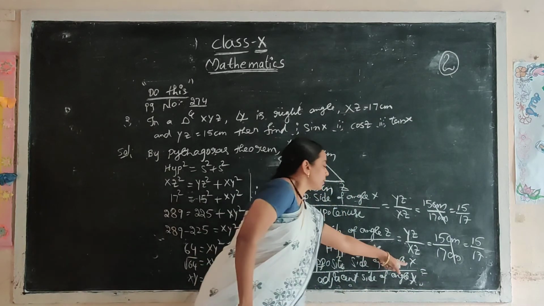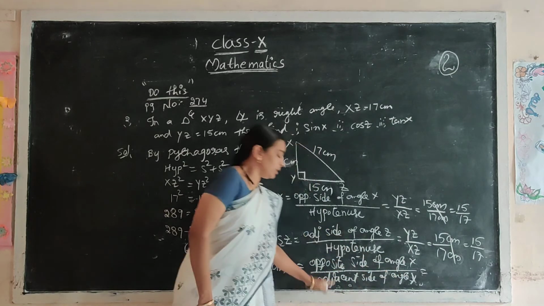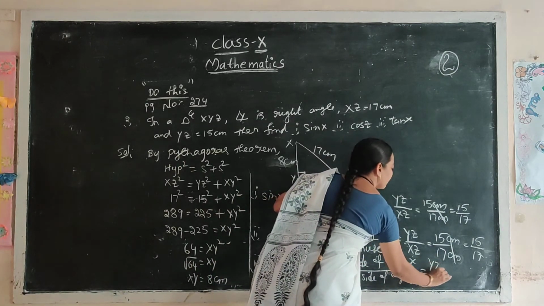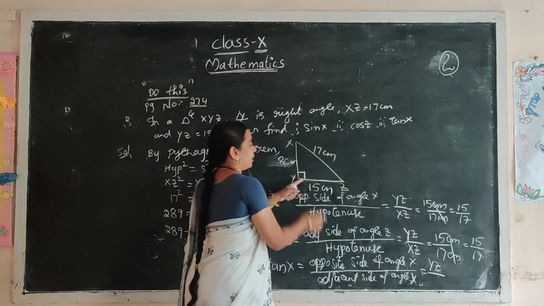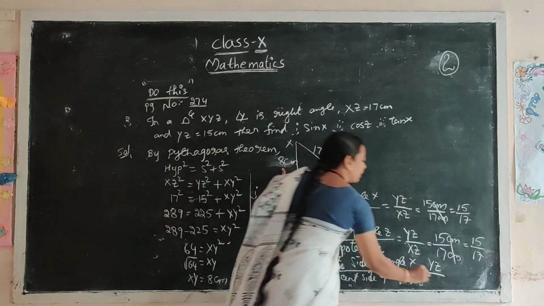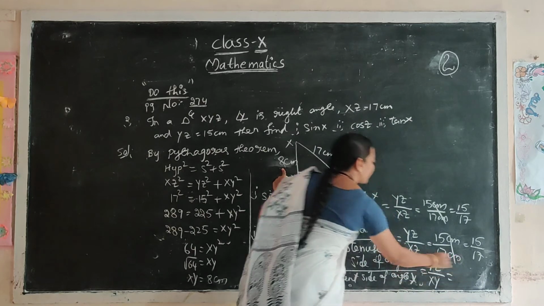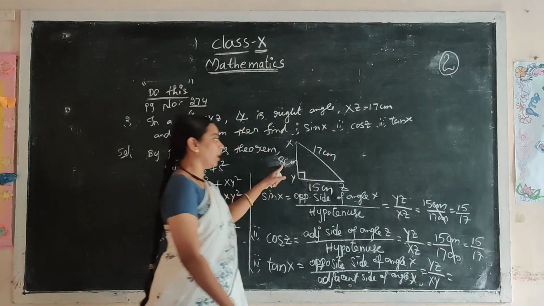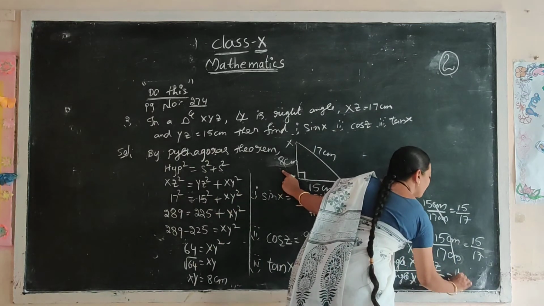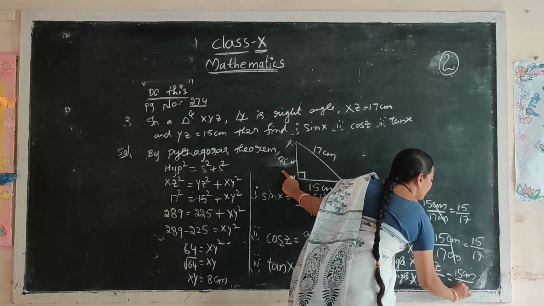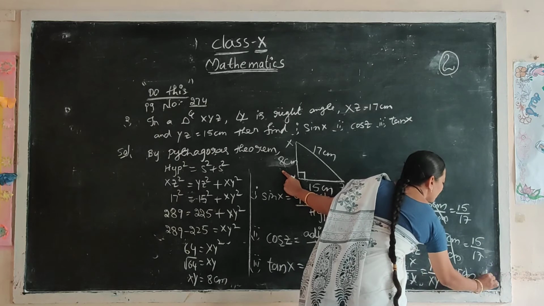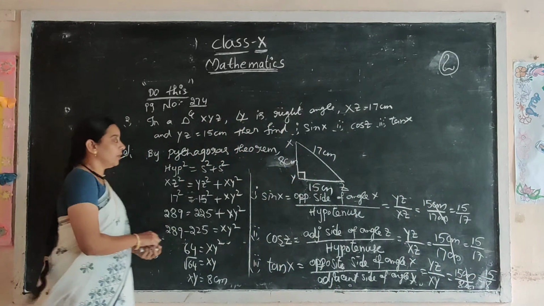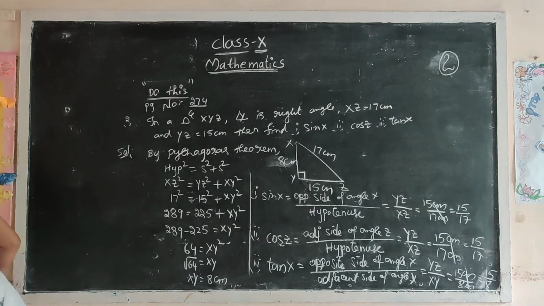X opposite is YZ and x adjacent is XY. The YZ value is 15 and the XY value is 8. That means 15 centimeters by 8 centimeters, both cancel, so it is 15 by 8. Okay, finished? Next.